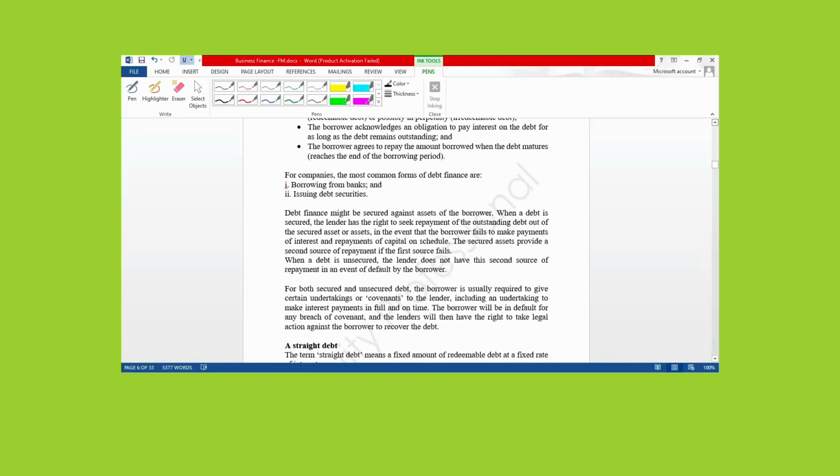Also, please note, with debt finance, whether secured or unsecured, the borrower is usually required to give certain undertakings or covenants to the lender. Debt finance comes with loan conditions.